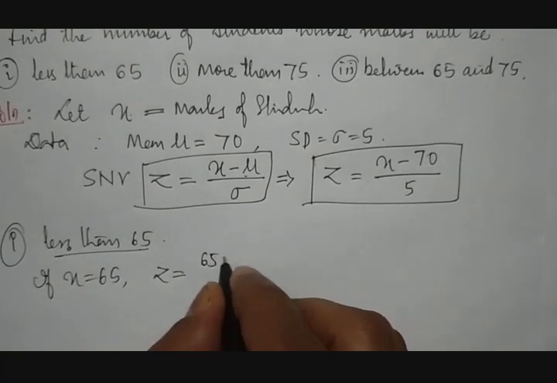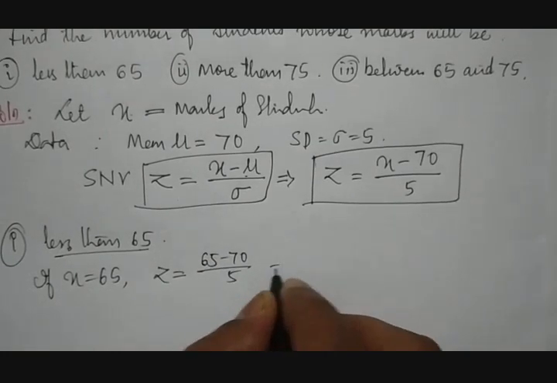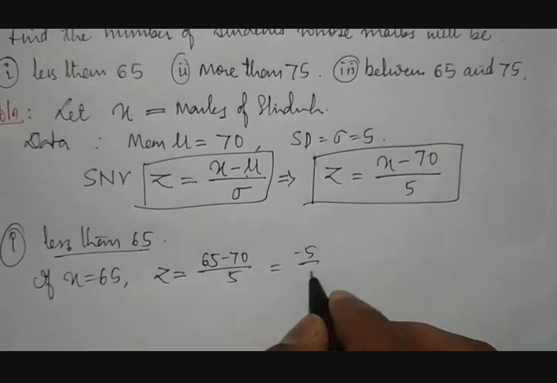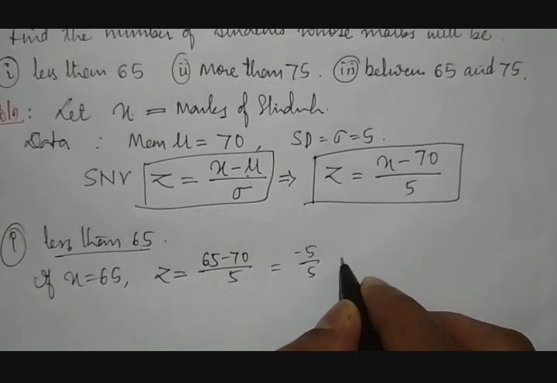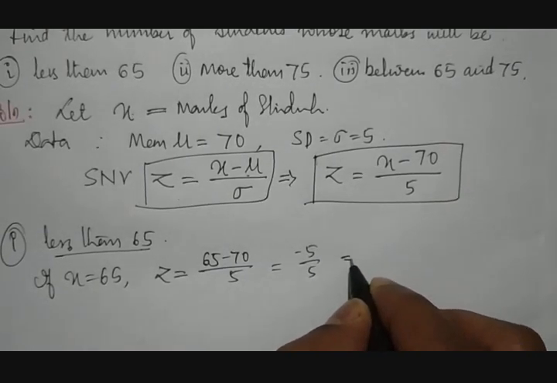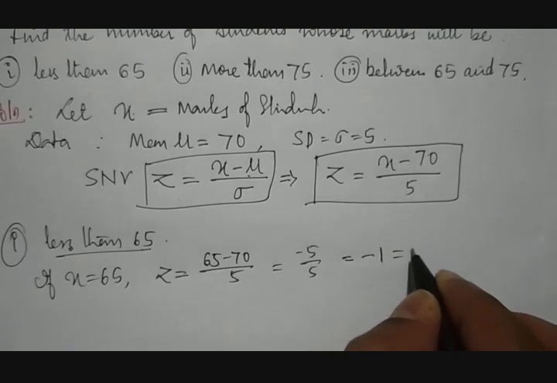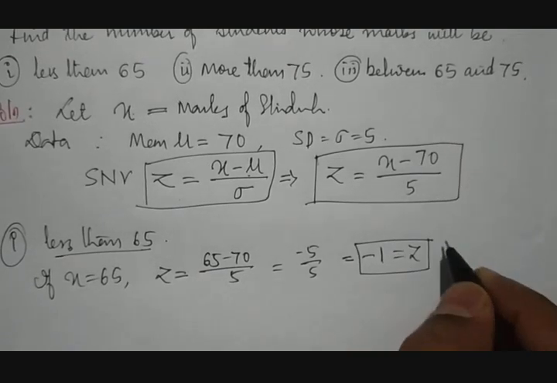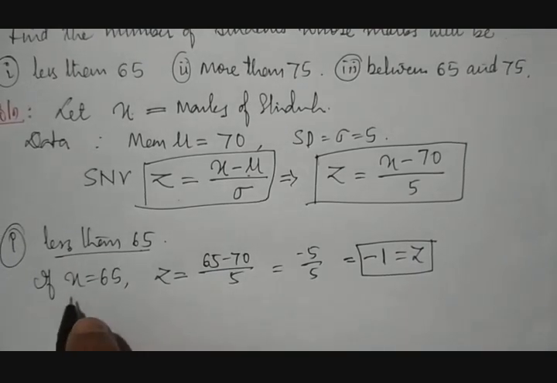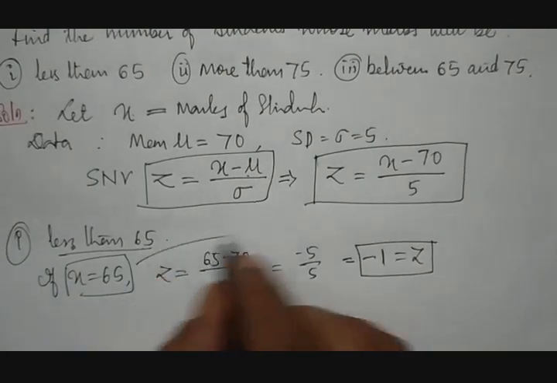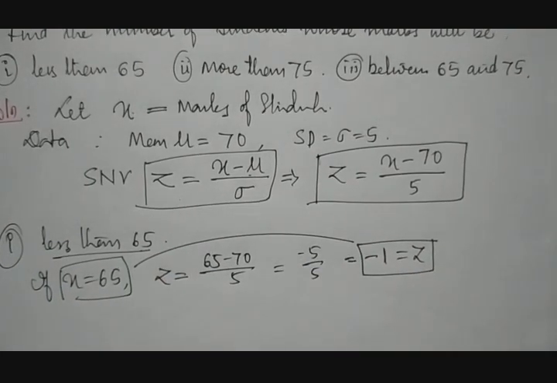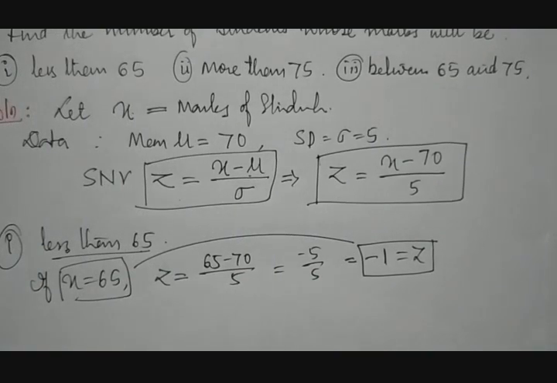So it becomes (65 minus 70) divided by 5. So it is minus 5 divided by 5, which is equal to minus 1. So z is equal to minus 1. If x is 65, then z is minus 1. So this is the conversion to standard normal variate.